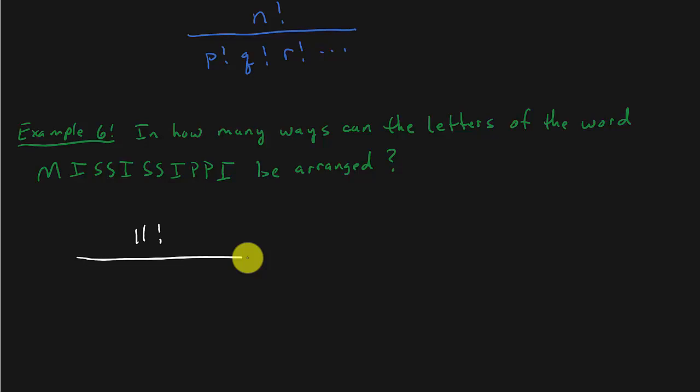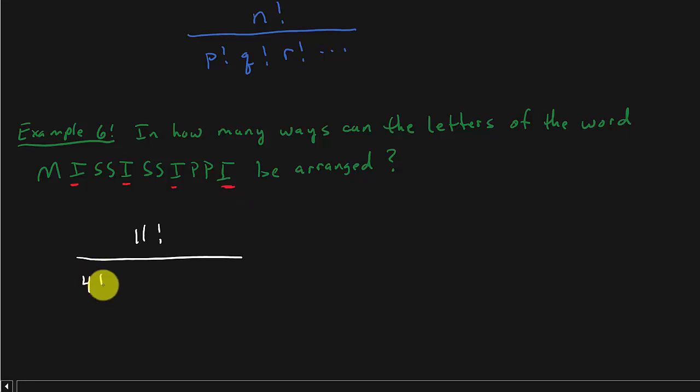So let's see, what items do we have that are duplicates? Well, we've got the I. There's 1, 2, 3, 4 I's, and so those are duplicates. So I've got to divide by 4 factorial.